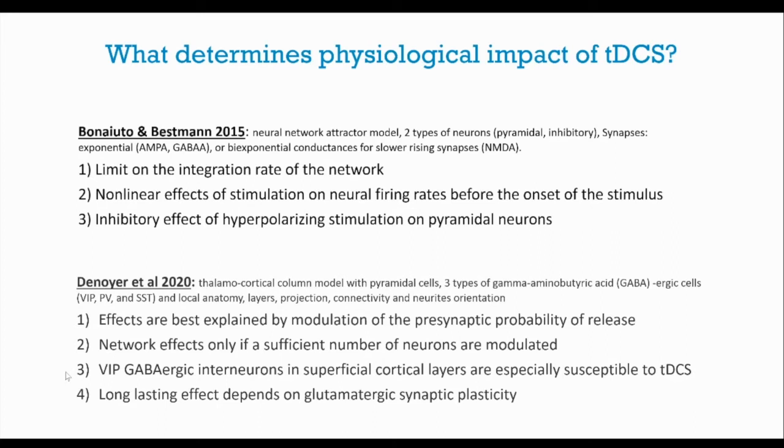And when that effect occurs, we don't know, and that again can contribute to the nonlinear effects. The model is very nice in that it makes layer-specific predictions as well about how, for example, GABAergic interneurons are affected and what happens to the long-term effects, which in their case rely on glutamatergic plasticity. And a lot of this isn't necessarily surprising, but having the model would now allow you to interrogate different manipulations and really plan your experiments very carefully.